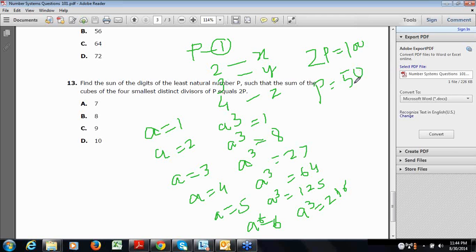So p will be equal to 50. Everybody is clear till now? Okay, I believe everybody is clear till now.